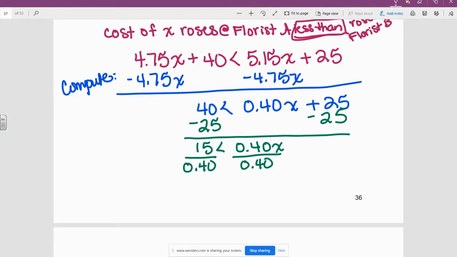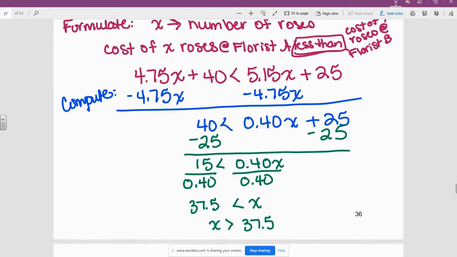So I get, checking my calculator, 37.5 is less than x. Again, if you don't like to read it that way, you can flip it: x is greater than 37.5. Actually, it's roses, not money. x is the number of roses.